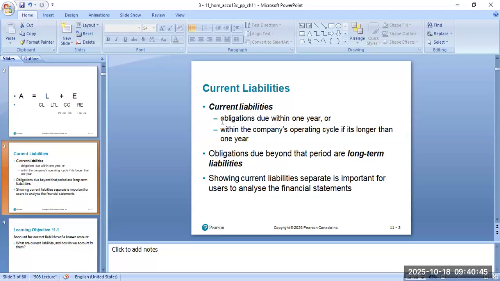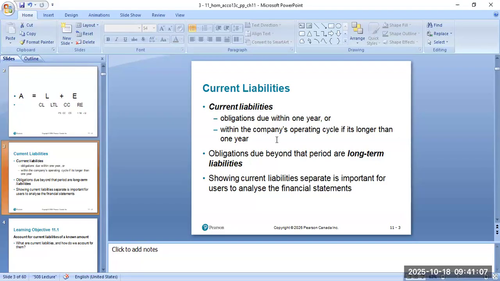Now, what makes it current is that it's due within 1 year or the company's operating cycle, whichever is the longer. So we have two things that we have to compare. We have 1 year, which is 12 months or 365 days, or the operating cycle.